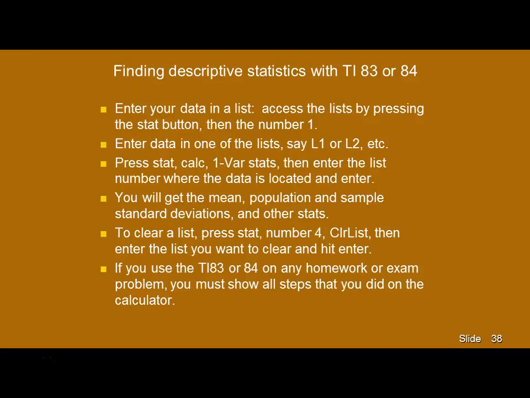On your TI 83 or 84, you can access lists by pressing the Stat button first, and then hit the number 1. And it'll take you to a bunch of lists. You should have 6 lists on your TI 83 or 84. They're labeled L1, L2, L3, etc.